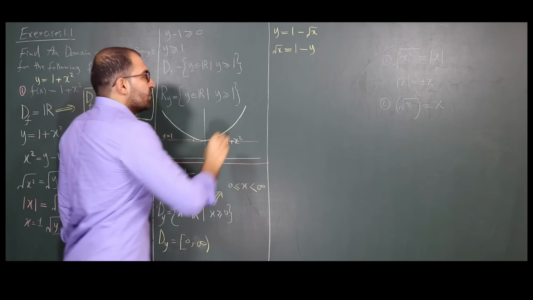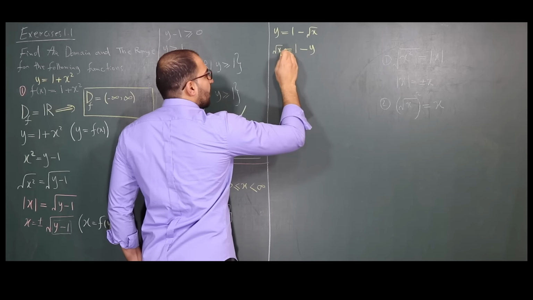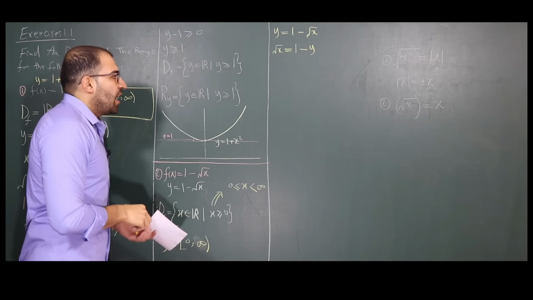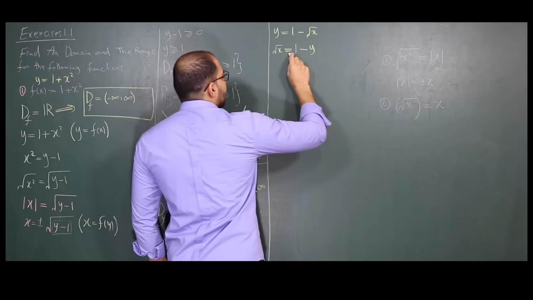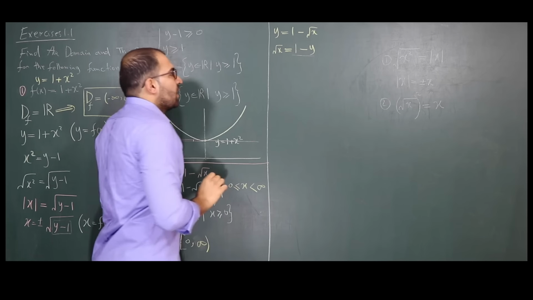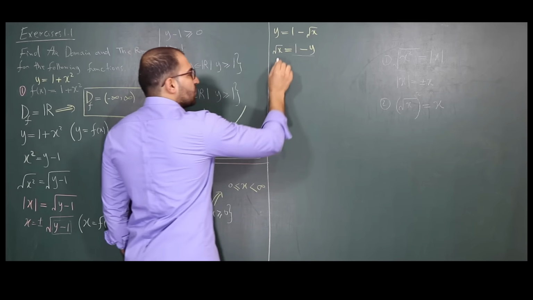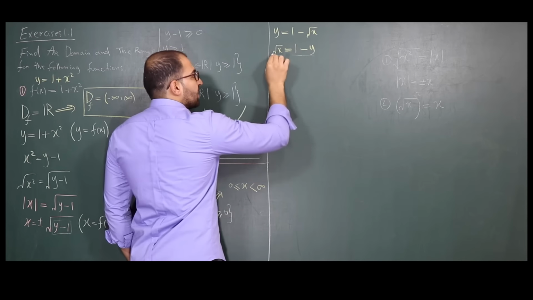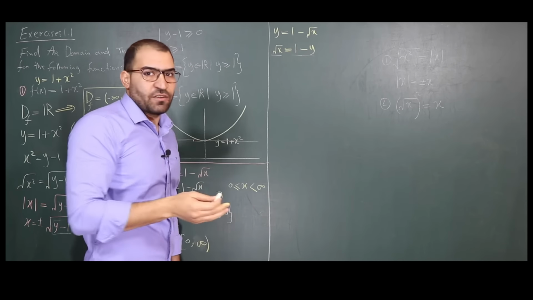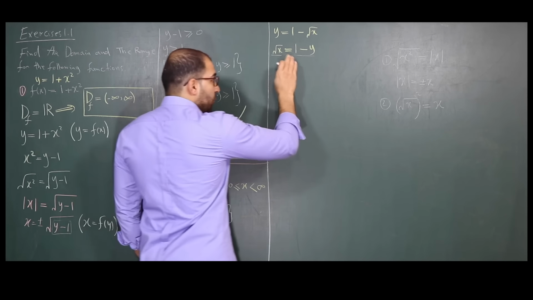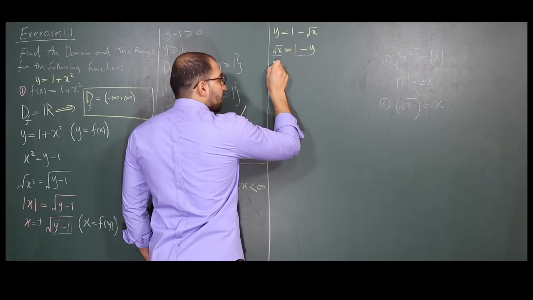Now I'm going to find the x. I have two paths, two approaches to solve here. I can construct it from here, and I can understand right now that as soon as it's a square root, and the result of a square root cannot be negative, I can now tell that y.